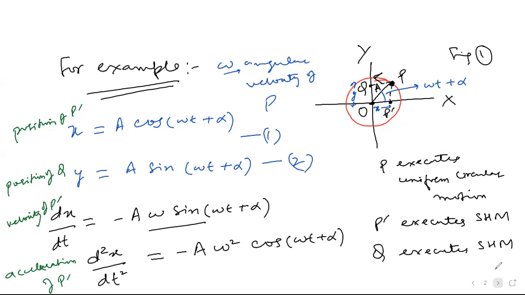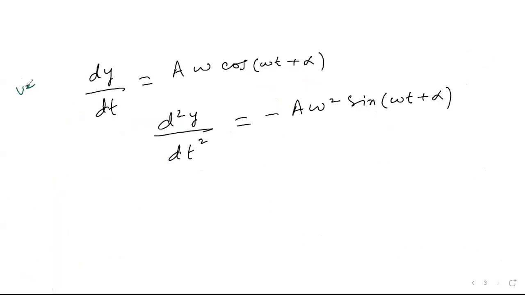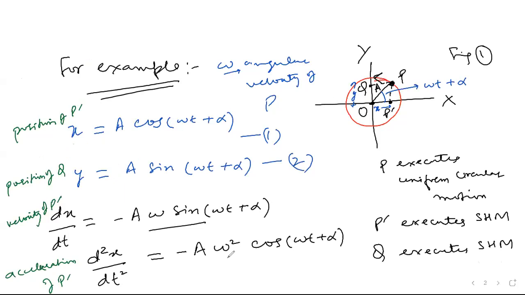Similarly, this gives me the velocity of Q, and this gives me the acceleration of Q, right? You can see we have 6 equations, 3 for motion along the x-axis and 3 for motion along the y-axis, 3 pertaining to one simple harmonic motion and the other 3 pertaining to the other simple harmonic motion.